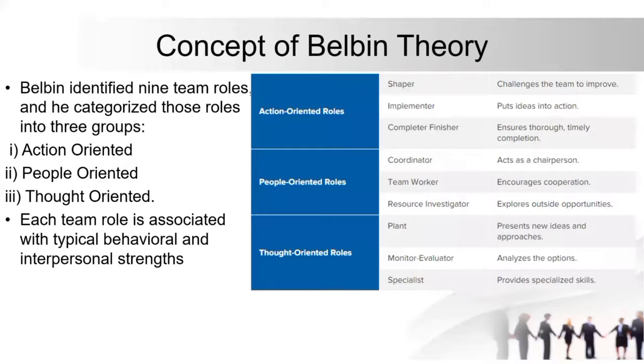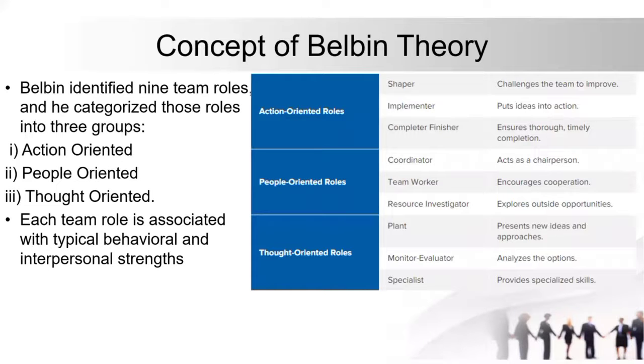Belbin identified nine team roles and categorized them into three groups: first action-oriented, second people-oriented, and third thought-oriented.